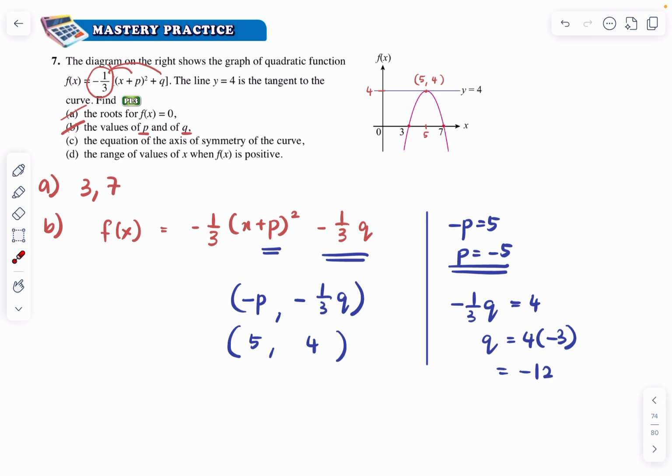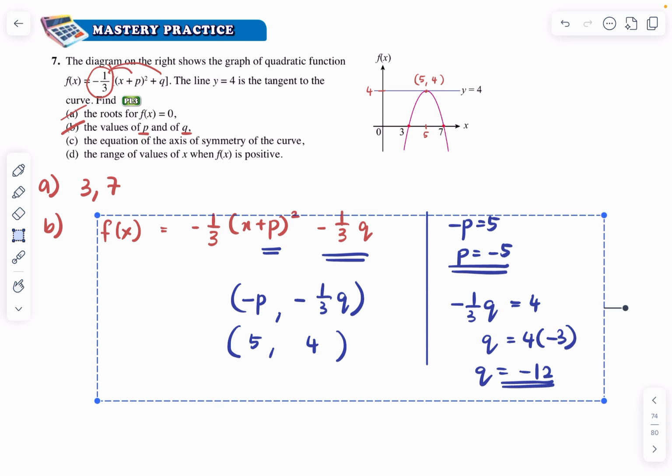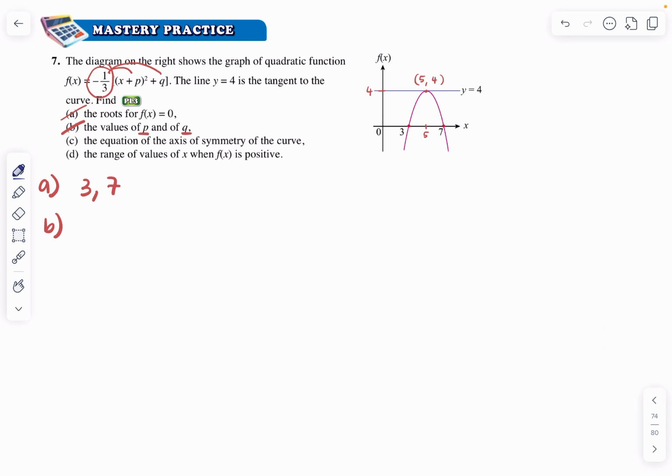Okay, you can just bring the negative 3 over this side, become times. Or you want to divide, you want to do 4 divide by this whole thing also can. You'll get the same answer lah. Done. So p is negative 5, q is negative 12.